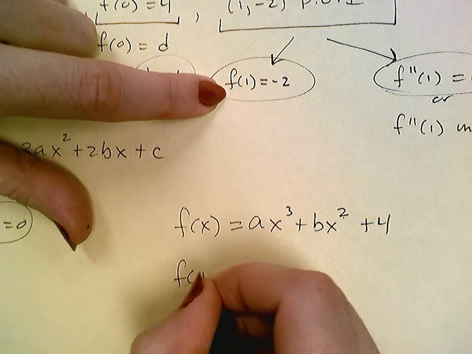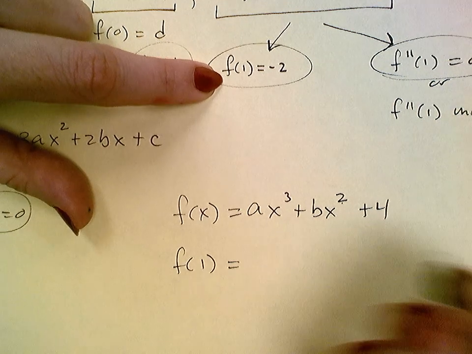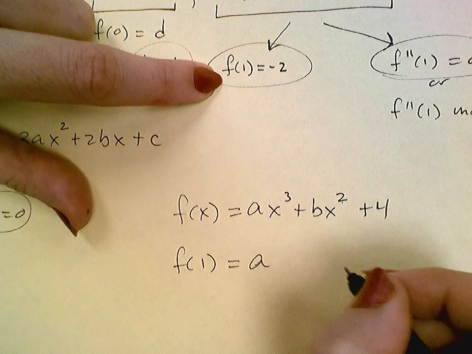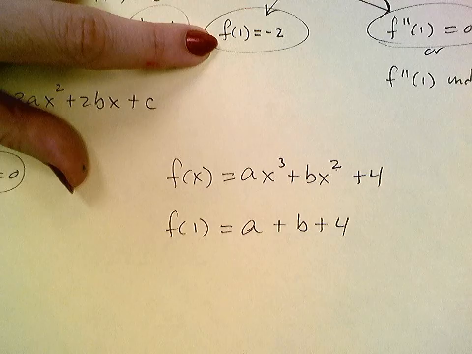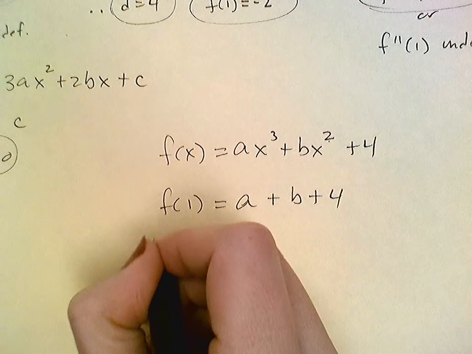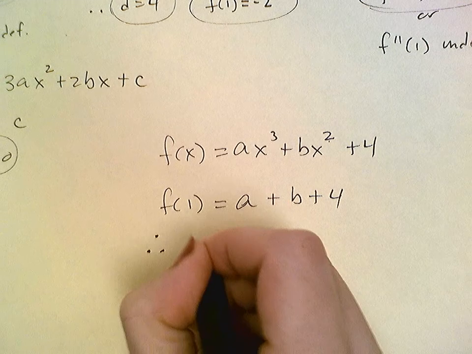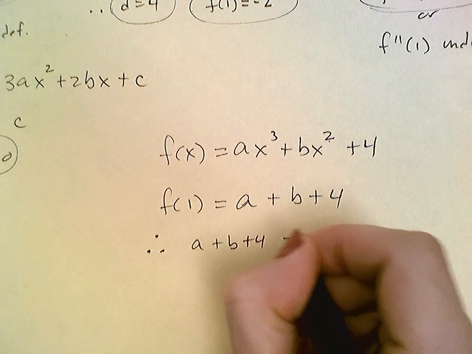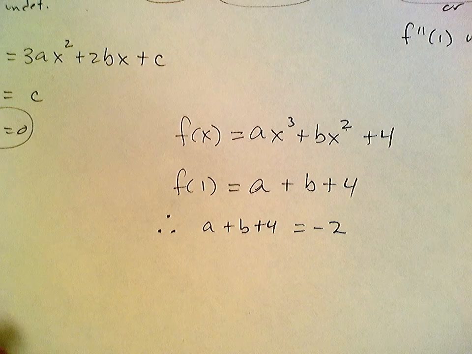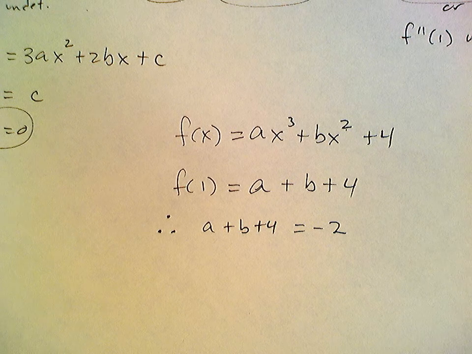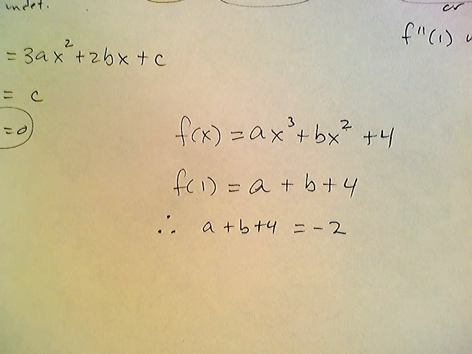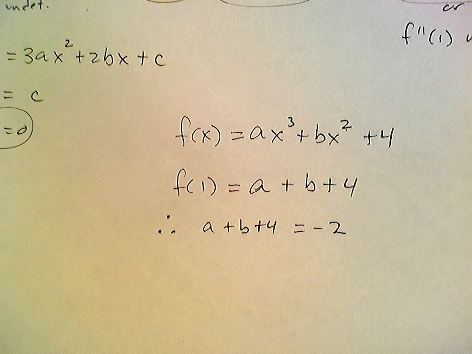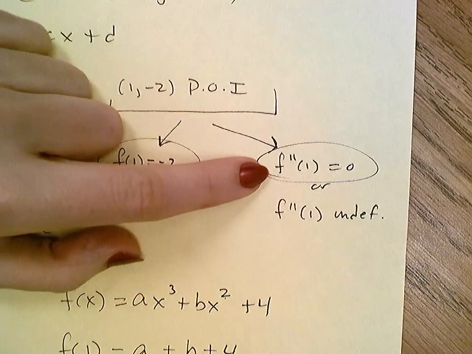So then I go f of 1 equals a plus b plus 4. Therefore, a plus b plus 4 equals negative 2. All right, so here's where the system of equations comes in. Two variables, so we need a second equation with the same variables.